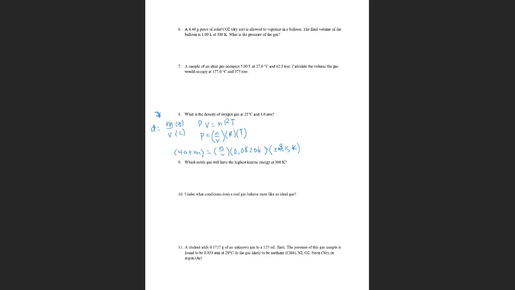Okay, so then go ahead and solve for the moles over liters value. Yeah, you're correct. 0.163 moles over liters.